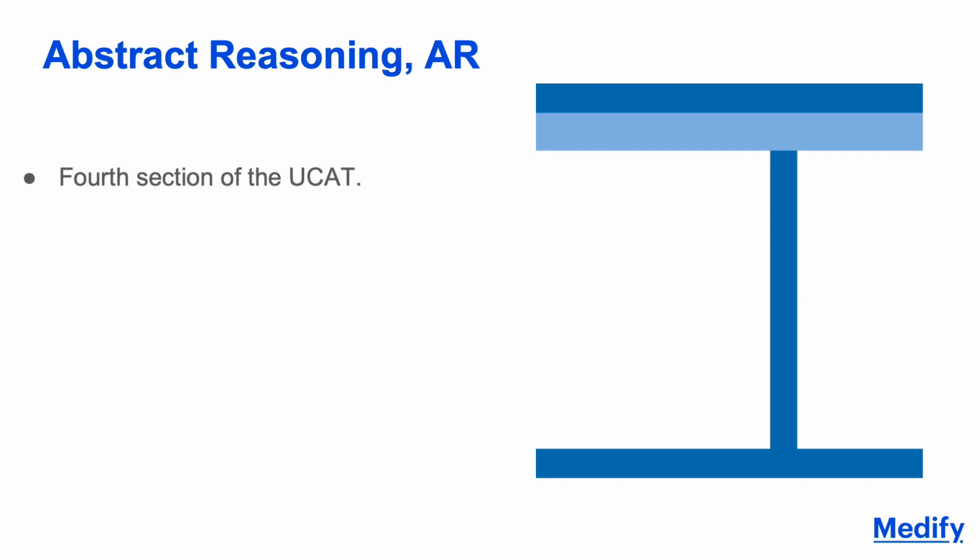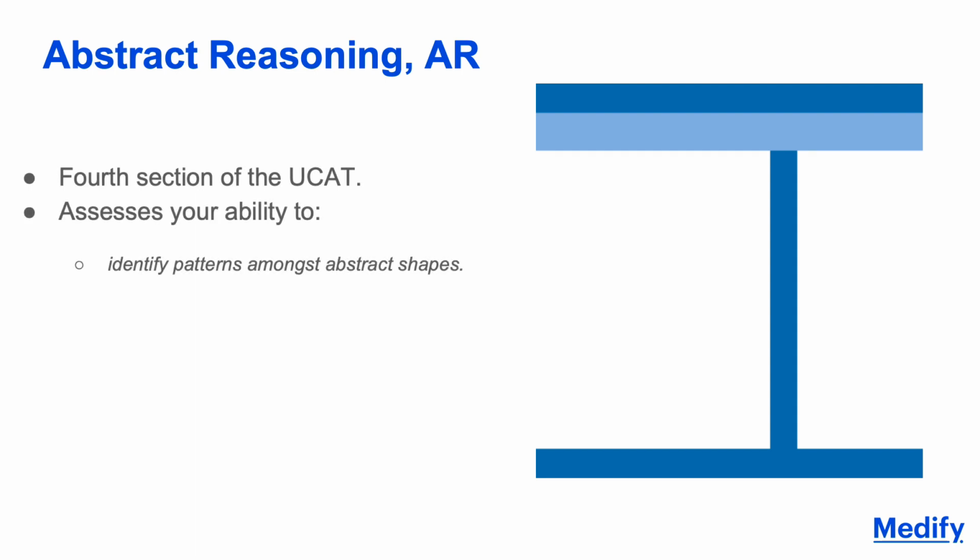The 4th section is AR. The UCAT administrators state this assesses your ability to identify patterns amongst abstract shapes. Many students have historically been bemused with this section's inclusion in the UCAT, but pattern recognition is important in clinical problem-solving activities, i.e., diagnostics. In medicine, symptoms of disease often overlap with one another.